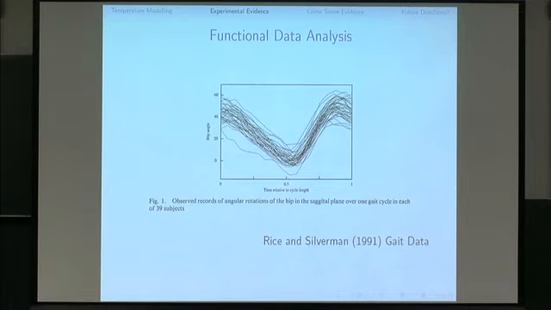I could take a measurement every 10th of my gait cycle, every 100th, every 1000th, any discretization I like, and I would hope there would still be some kind of smooth curve underneath. The whole idea of functional data analysis is to assume there is some underlying smooth curve, and that the discretization doesn't matter.